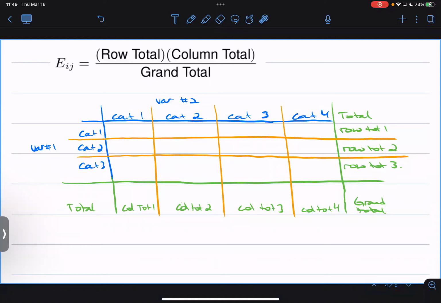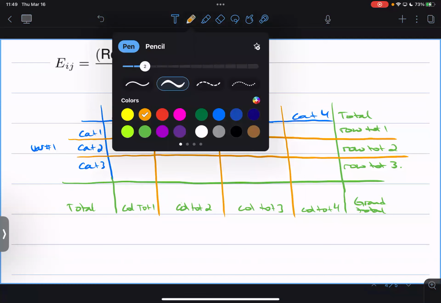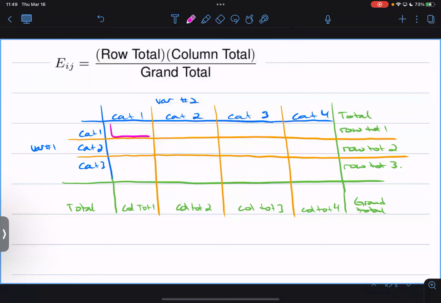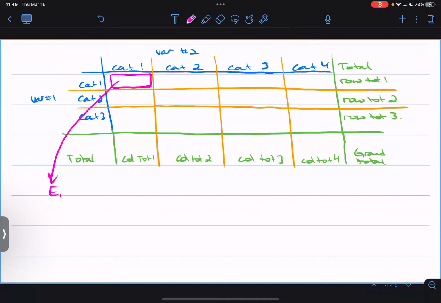But the column total is changing, and then as you move down the rows, of course, the row total is changing, but the column total is staying the same, right? And so here, because I need more space, the expected count, and I'm going to use 1,1 for row 1, column 1, is row total 1 times the column total 1 divided by the grand total.